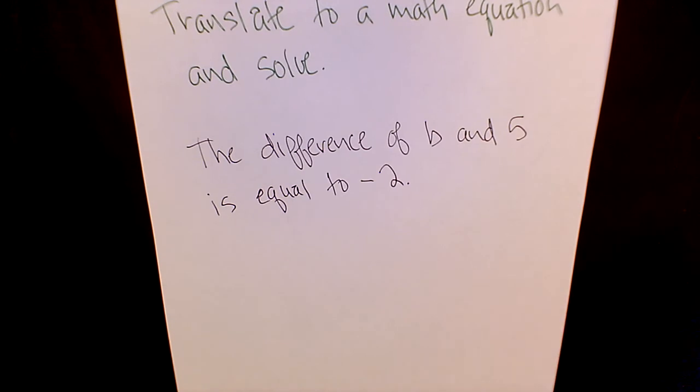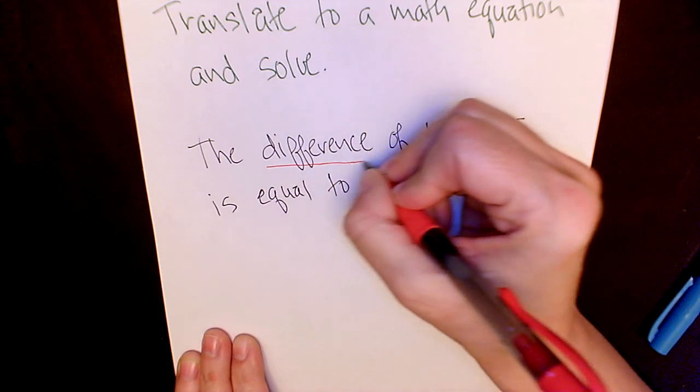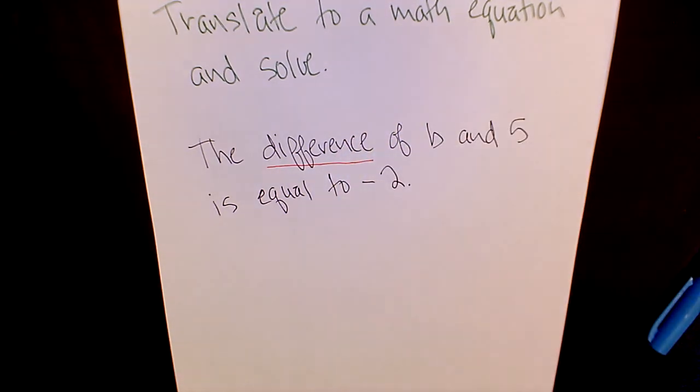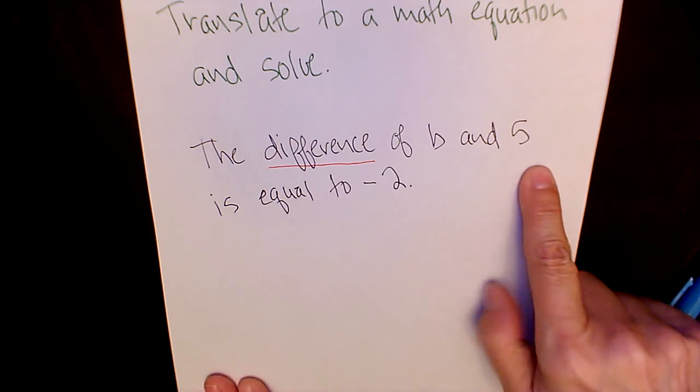So I want to translate that from English to math first. Key word is what? Key word is difference, right? What does difference mean? Difference means to subtract, and when it's just difference and not subtracted from or less than, we're just going to write it left to right.